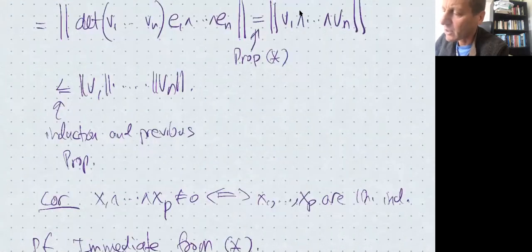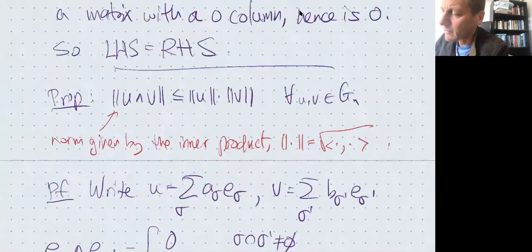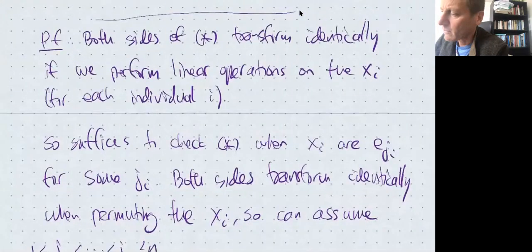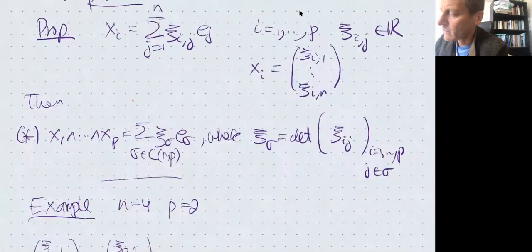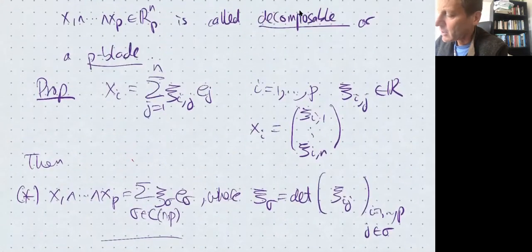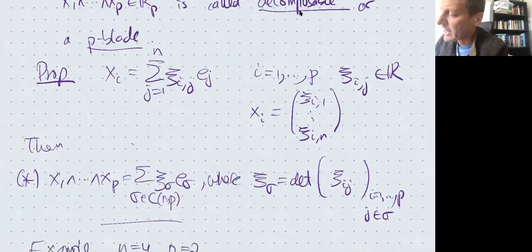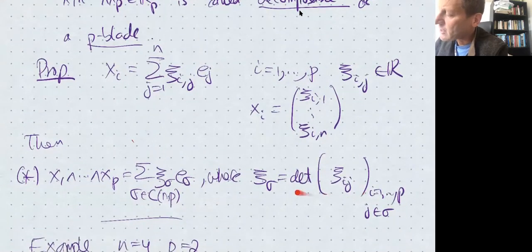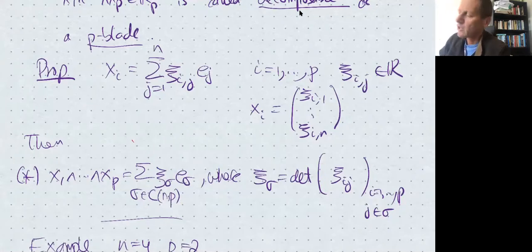Let's go back to star. Then the pth row of this matrix is a linear combination of the other rows of the matrix for every choice of c. So all of the coefficients here vanish, and we get zero.